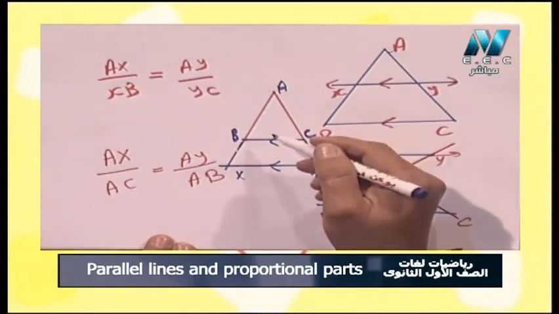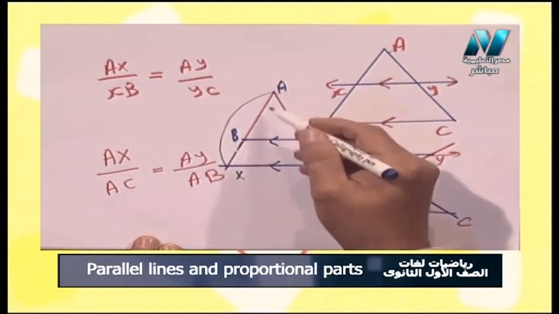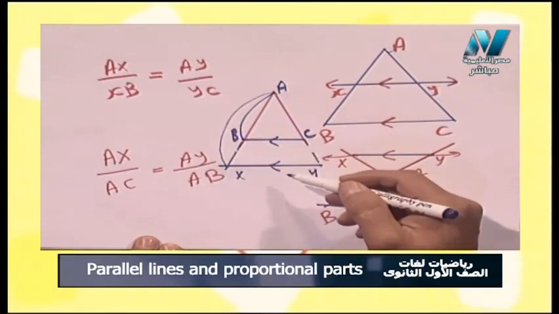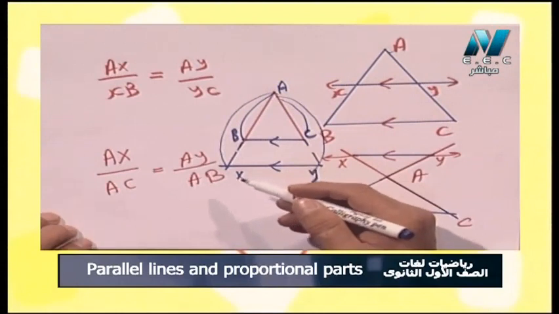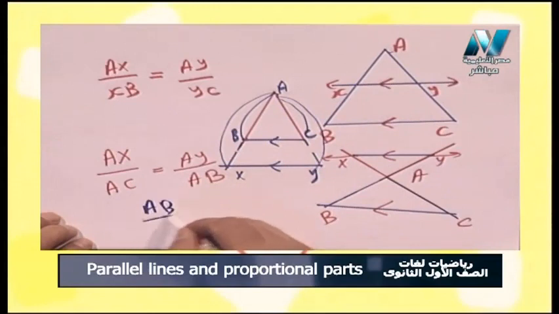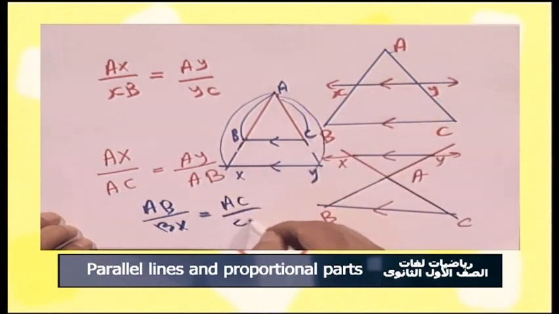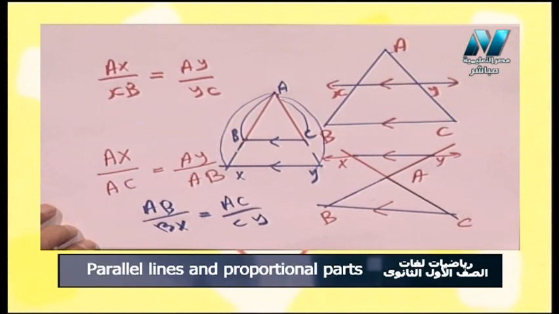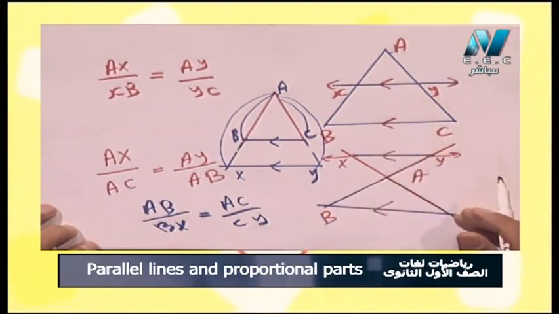So we can say that AX over AB will be equal to AY over AC, or we can say AB over BX will be equal to AC over CY, so that we can use this to find the different sides if we have the others.